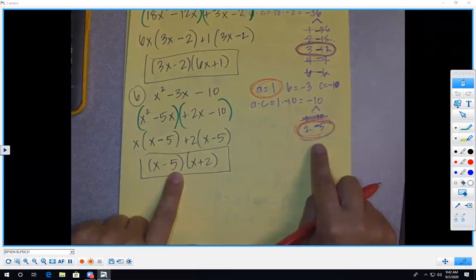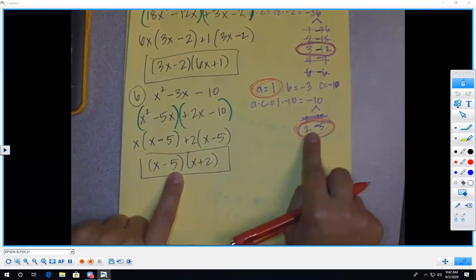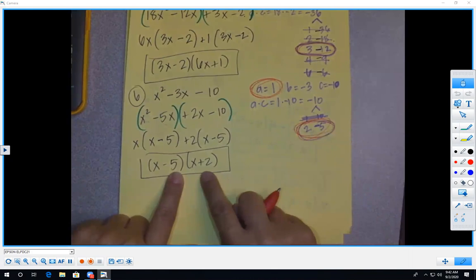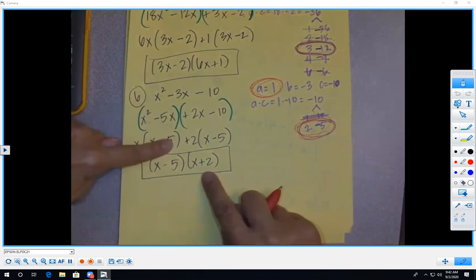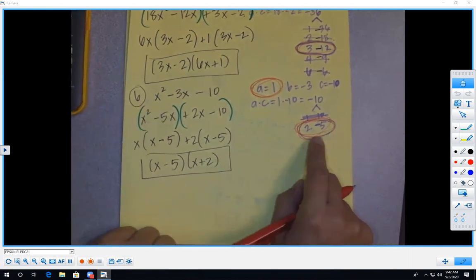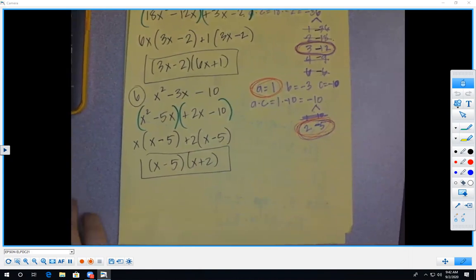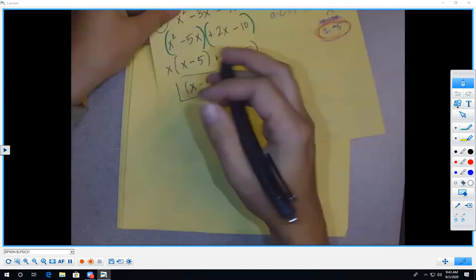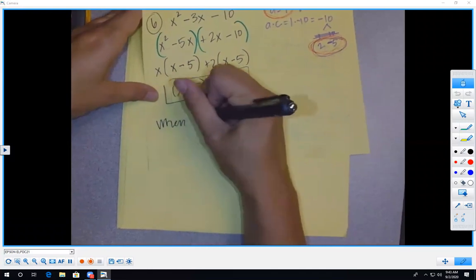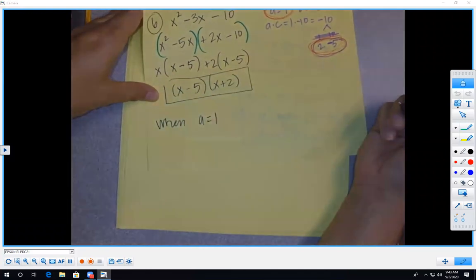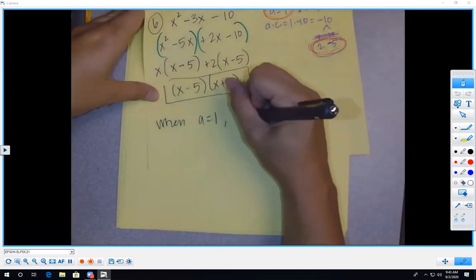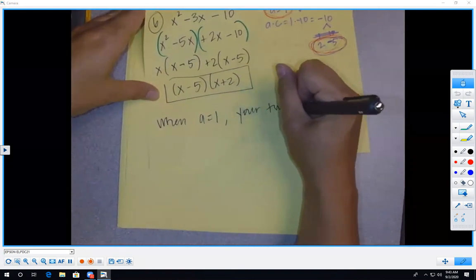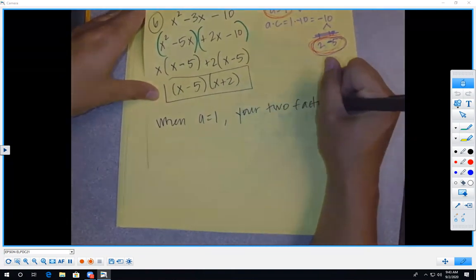We can write this down in just a second. Your two numbers you get, that's your answer inside parentheses with an X. So you don't have to do this whole step right here. Once you get your two numbers, you can write your answer straight away. Okay, so when A equals 1, the two factors are those two numbers you get.